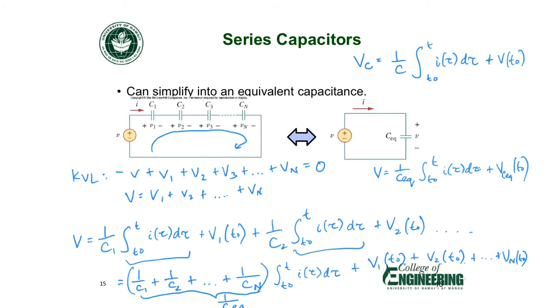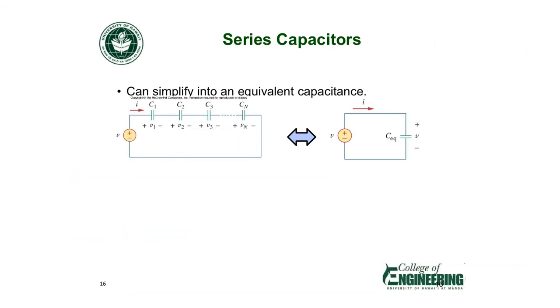I'm running out of room on this slide, so I'm going to rewrite this on the next one. So for capacitors in series, this is the formula for finding the equivalent capacitance of n capacitors in series.